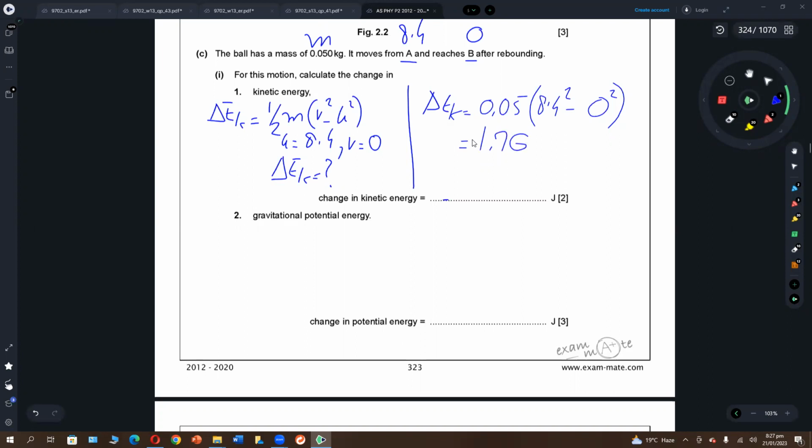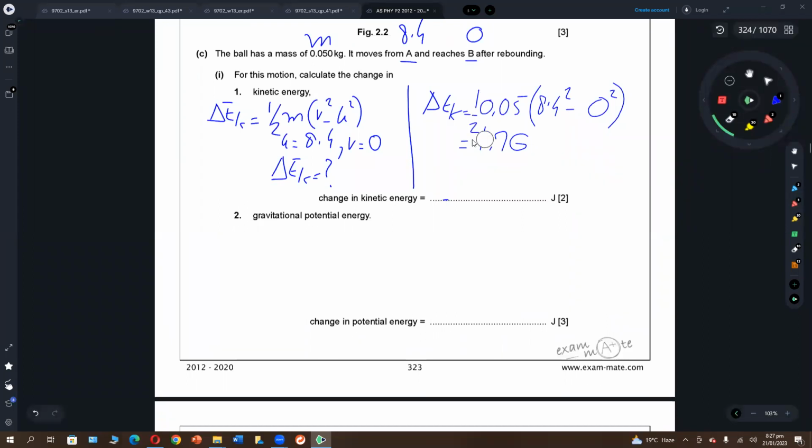1.76. Double check कर लो. 0.05, there's a half with it also. I think I forgot to write half here.